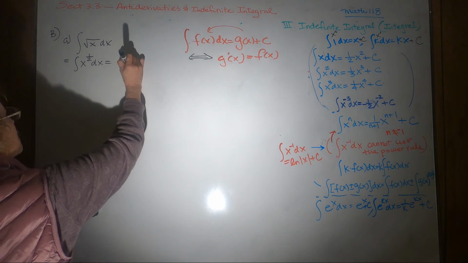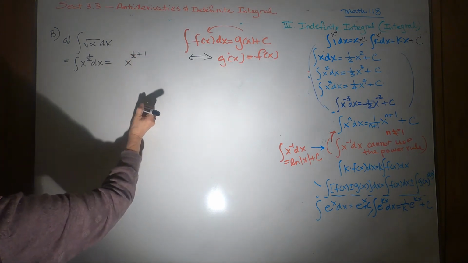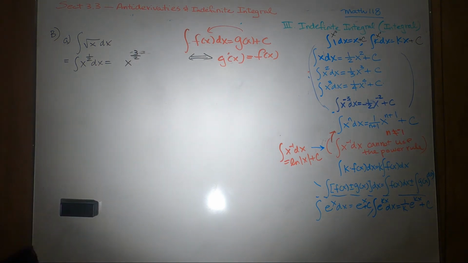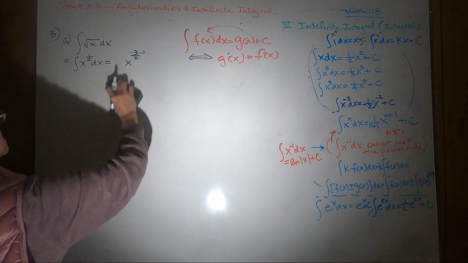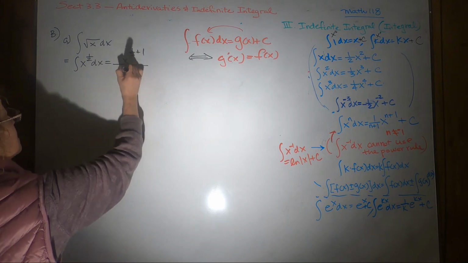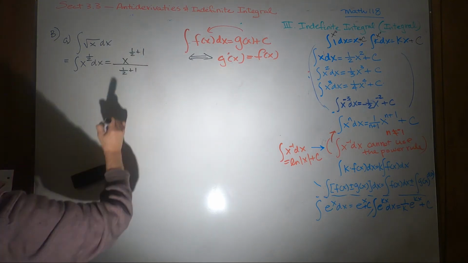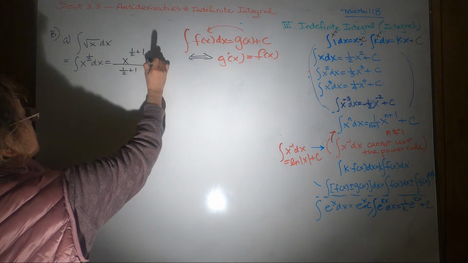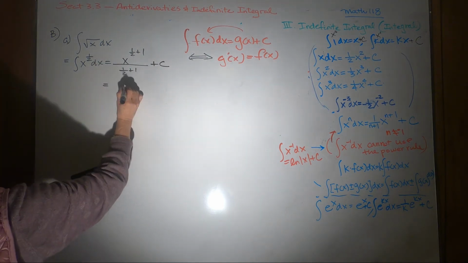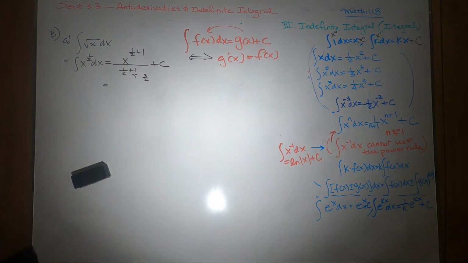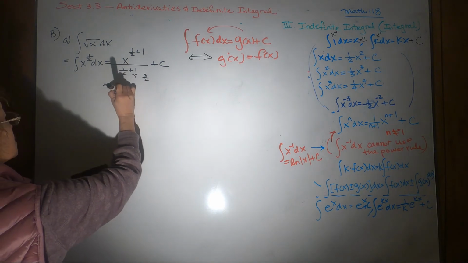So you will go a level higher, which is what? 3/2, right? Then let's just spell it out. So you go a level higher, then you divide it by the higher level, right? Then you plus a constant. So that would be what? This one would be x to the 3/2. Then you divide it by, that would be 2/3.